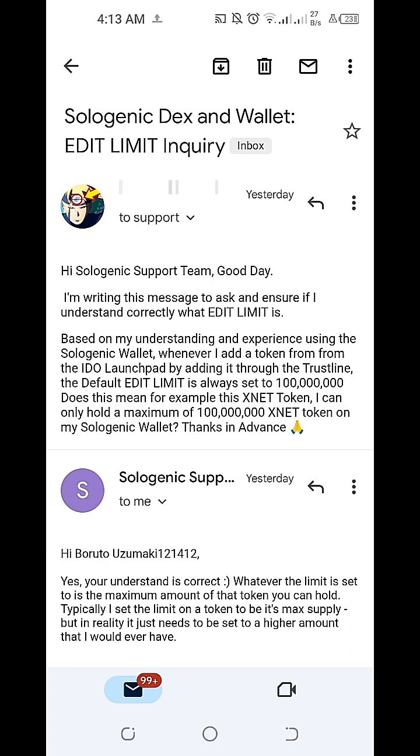So always make sure that if you're going to buy certain tokens on our Sologenic Dex and wallet, always remember to consider the edit limit because otherwise, if we're gonna exceed the edit limit, it may cause some system error or prompts when we're using our Solo Dex and wallet, okay? So this is a basic information yet very important to know, especially if we're buying or purchasing a number of tokens on our Solo Dex and wallet, okay?